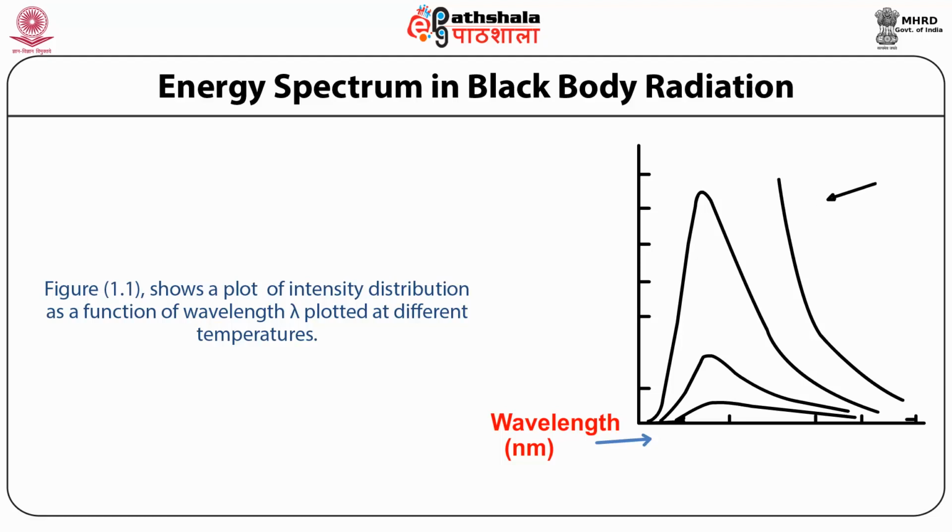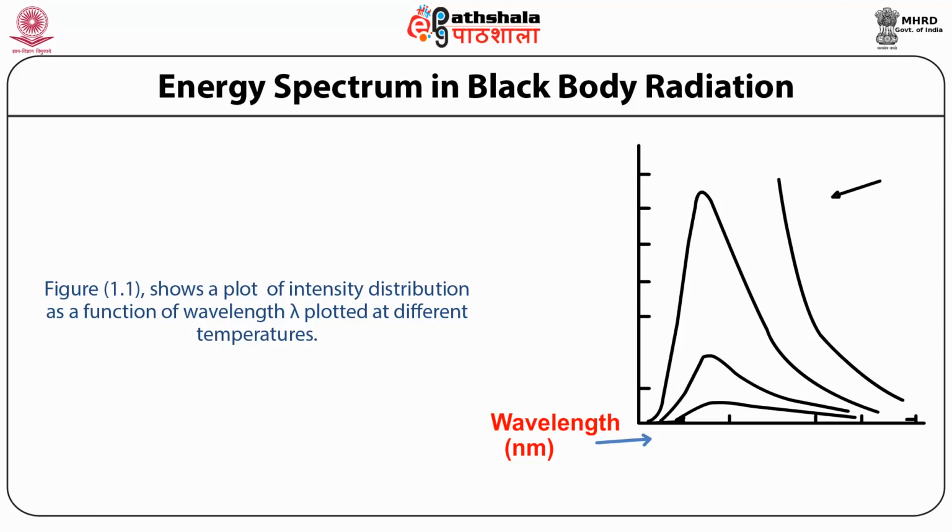Now note that sum over n equals 0 to infinity of exponential minus epsilon n by kT is equal to 1 plus exponential minus h nu by kT plus exponential minus 2h nu by kT plus other terms, which is equal to 1 minus exponential minus h nu by kT to the power minus 1.